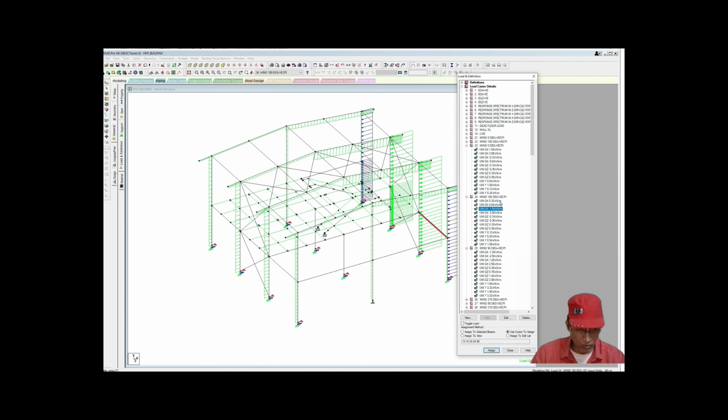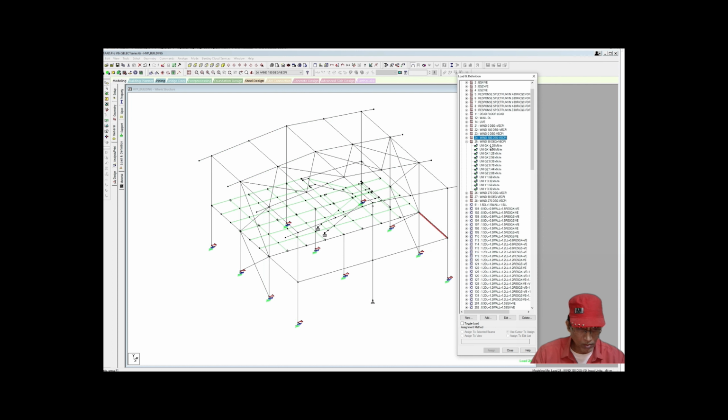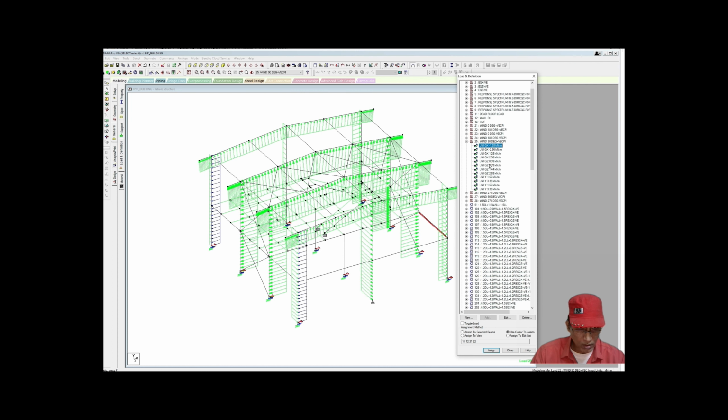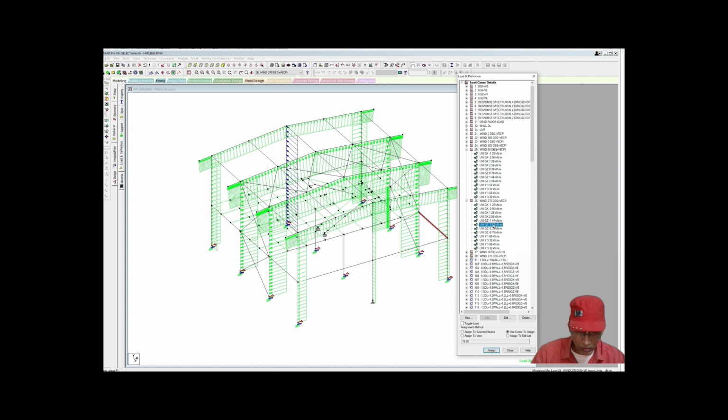Then let us go to load 25. Let us see the load on wall C, on wall D. Wall D 2.28, 2.88, and in load 26, what is on wall C? 2.88.